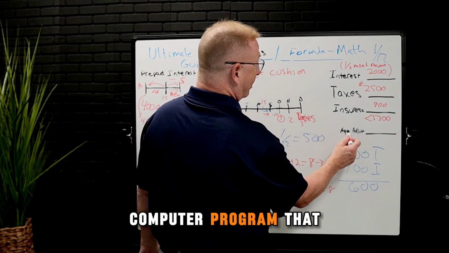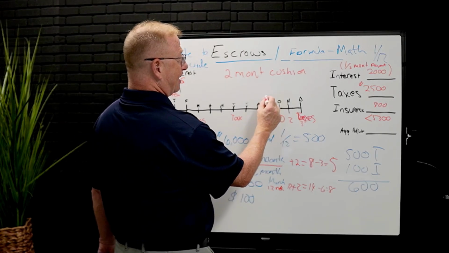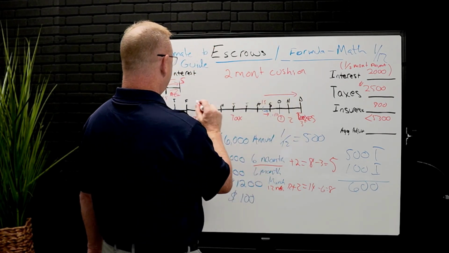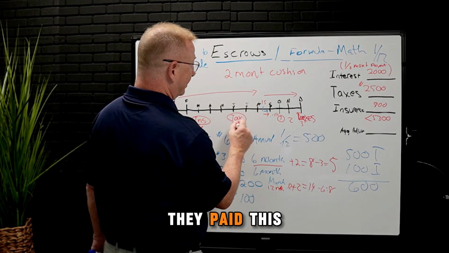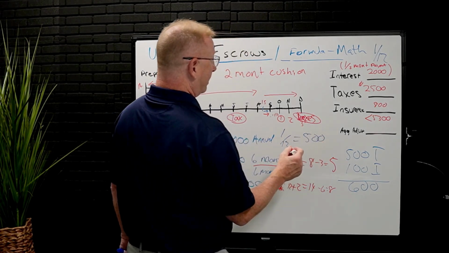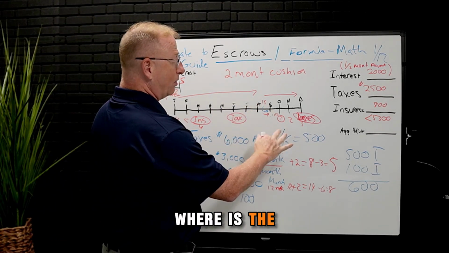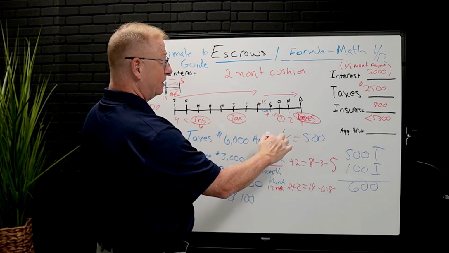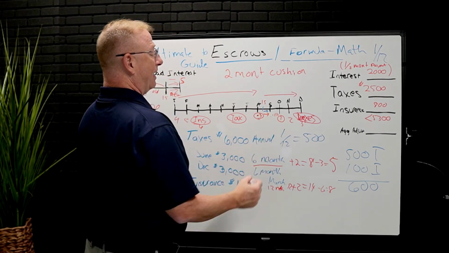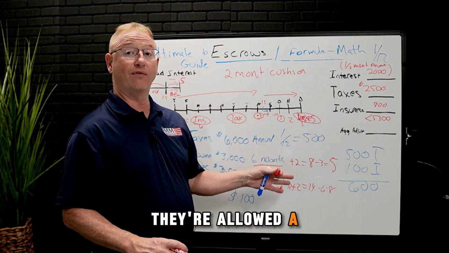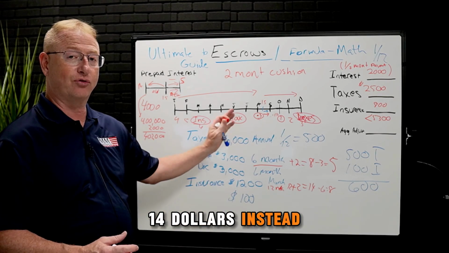So they have this computer program that runs an analysis and double checks: if you closed here and made all these payments throughout the year, and they paid this bill, and this bill, and this bill, at the lowest point in any given month, where is the lowest balance after paying the bills, and they're allowed a 2-month cushion. So if it was 2 months here, they're allowed a $1,200 balance, and let's say they would have had $1,400 instead of $1,200.